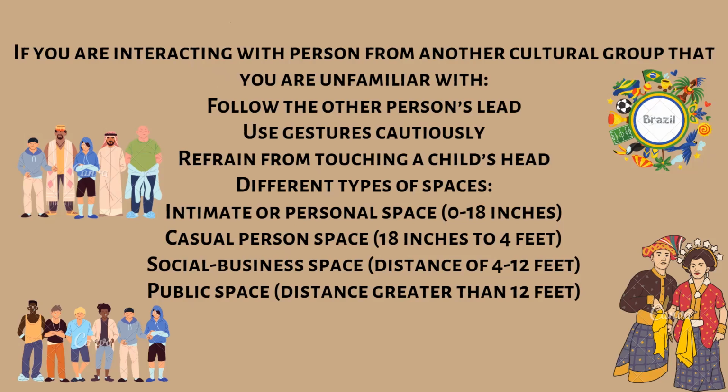Intimate or personal space is 0 to 18 inches. Casual personal space is 18 inches to 4 feet. Social business space is 4 to 12 feet, and public space is a distance greater than 12 feet. Now, this is very important because in your healthcare facility, you're going to be dealing with all culture groups. Just be very careful, be friendly, and follow their lead.